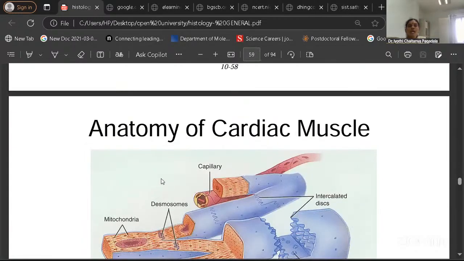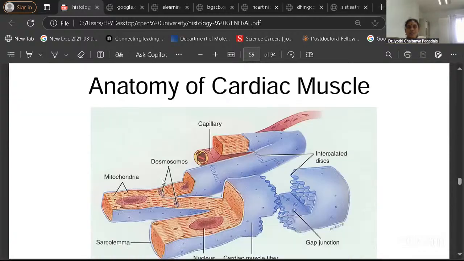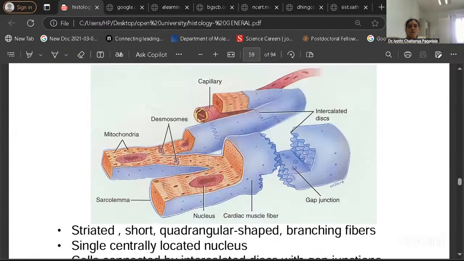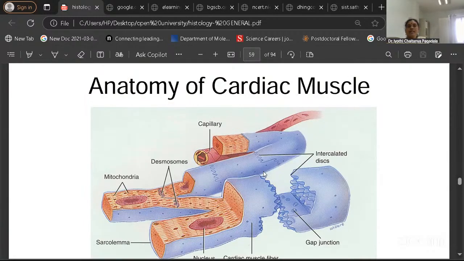When coming to the anatomy of cardiac muscle, here you can see the presence of mitochondria, sarcolemma, nucleus and cardiac muscle fibers. This is the gap junction between the cardiac muscle fibers, and the intercalated discs where the gap junction is found, and desmosomes, capillary tubes.